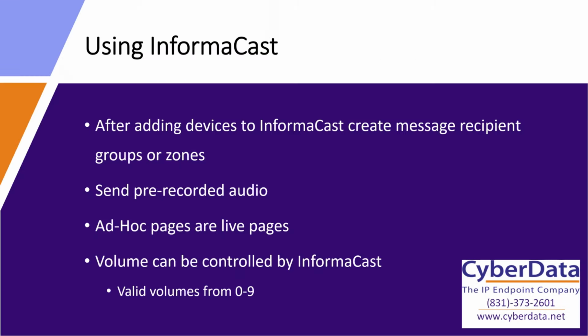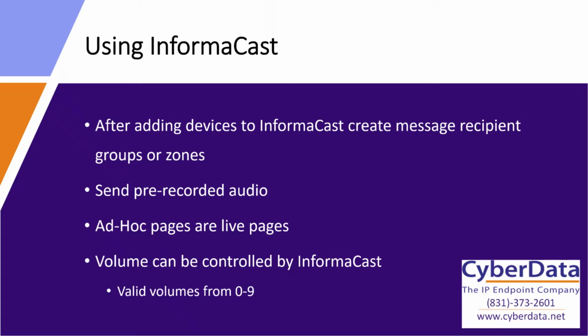When you're actually using InformaCast, after you go through the process of getting everything added into groups or zones, there's basically really two different ways that you can send audio or notifications to our devices. And they really break down into what you would kind of expect. You can send pre-recorded audio. So these can be different audio files.